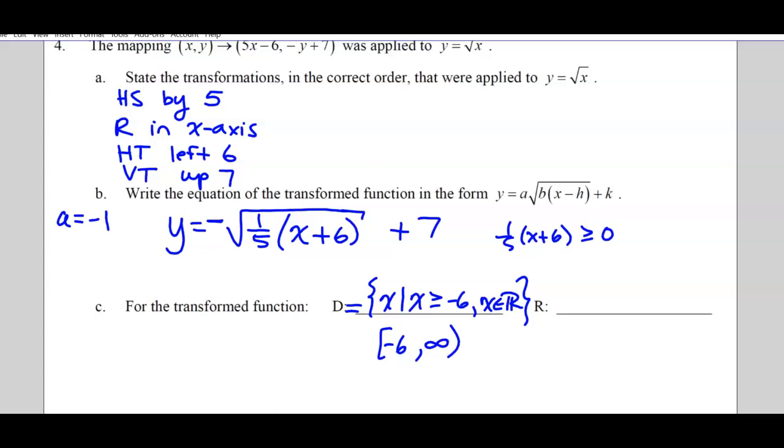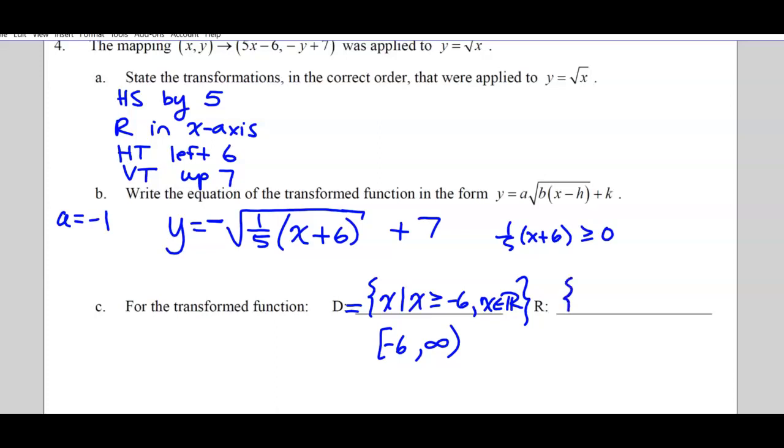Sorry. Okay, range. So think about this. Your y value is 7, but this has been reflected in the x-axis. So instead of the arm going upwards, it's now going downwards. Okay? So that means it's going to go to -infinity from 7.